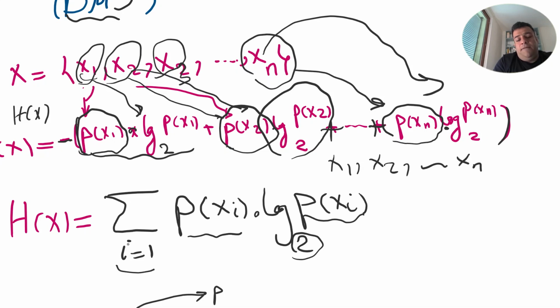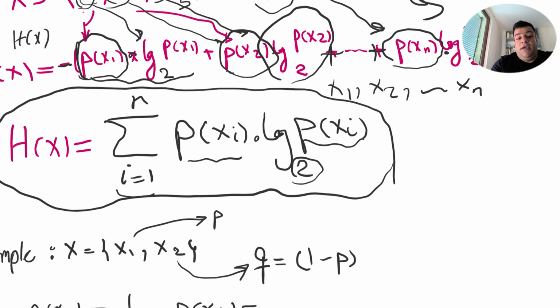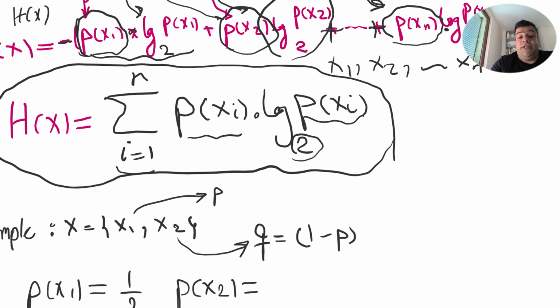This is the formula of entropy for a discrete memoryless source. If we have a continuous source, we must calculate with integration, and our calculation is totally different.